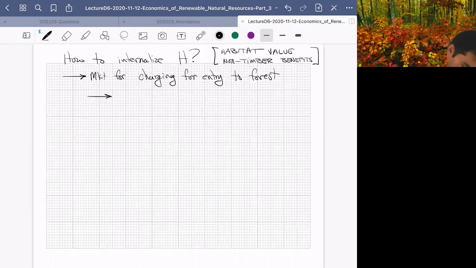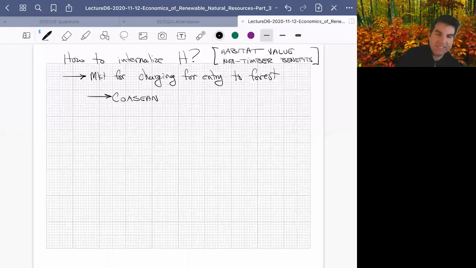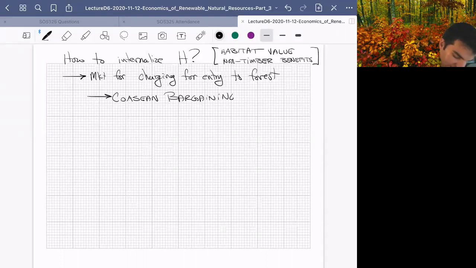This relates to a topic that's going to come up in the next couple of chapters, Coasean bargaining. We haven't talked about this yet, so this is just foreshadowing.